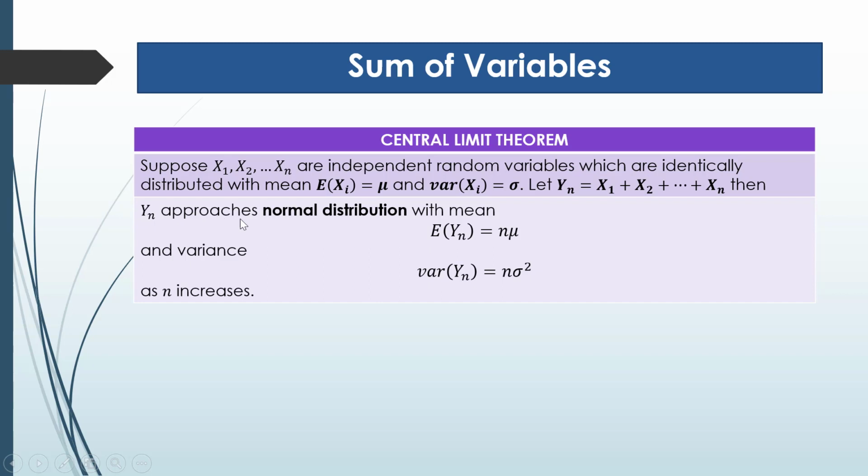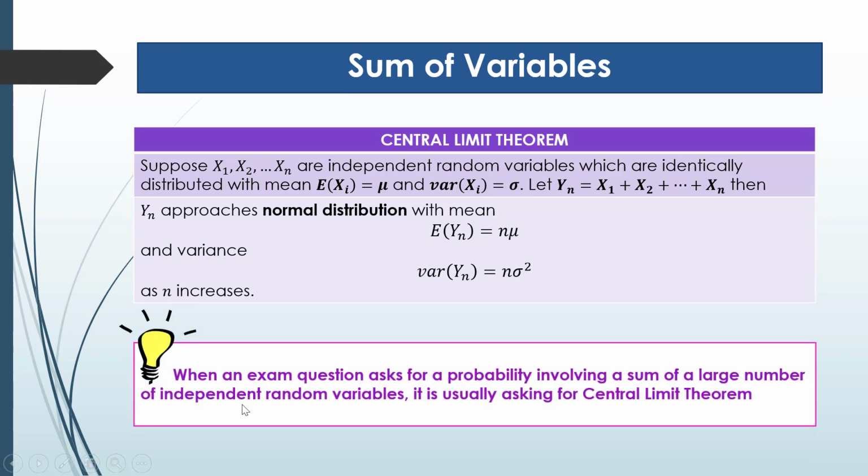So yn approaches the normal distribution with mean n mu and variance n sigma squared when n increases. So the central limit theorem says that when the number of random variables increases, the distribution of the sum or the average will approach the normal distribution.